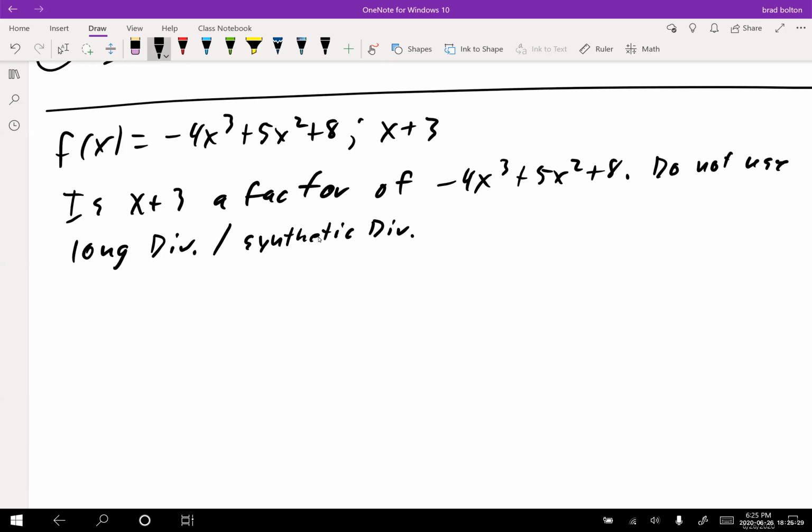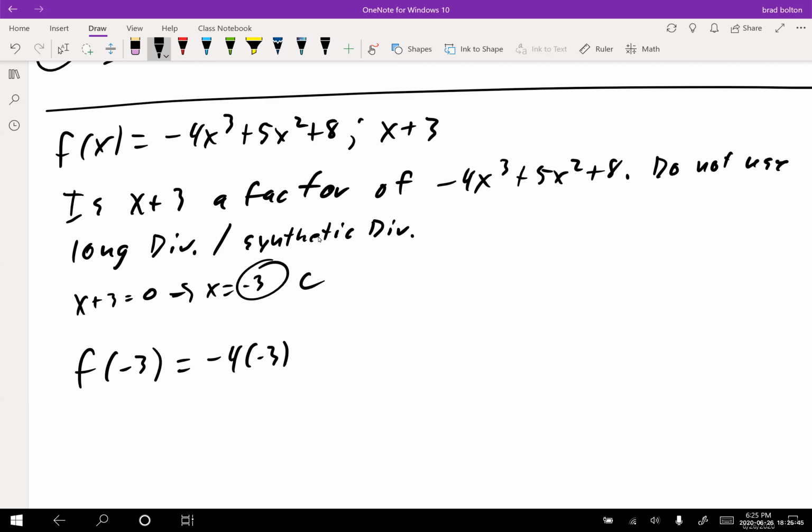So what we could do is we could say x plus 3 equals 0. So then we know that x equals negative 3. That's my c, right? So we now know my c. So all I have to do to determine if it's a factor is plug negative 3 into the polynomial. So this will be negative 4 times negative 3 cubed plus 5 times negative 3 squared plus 8.